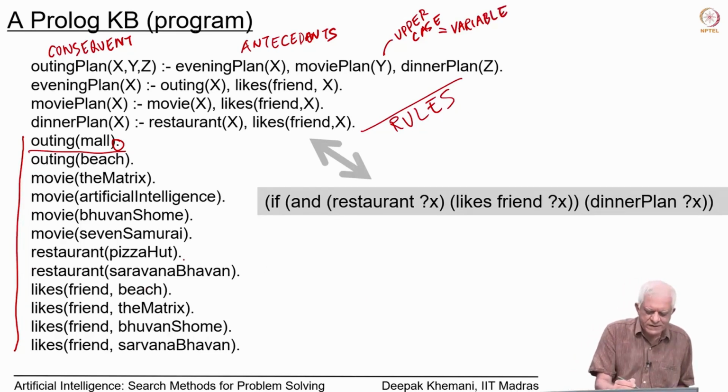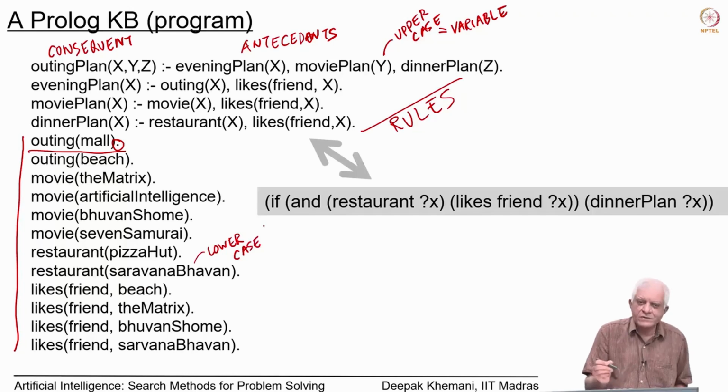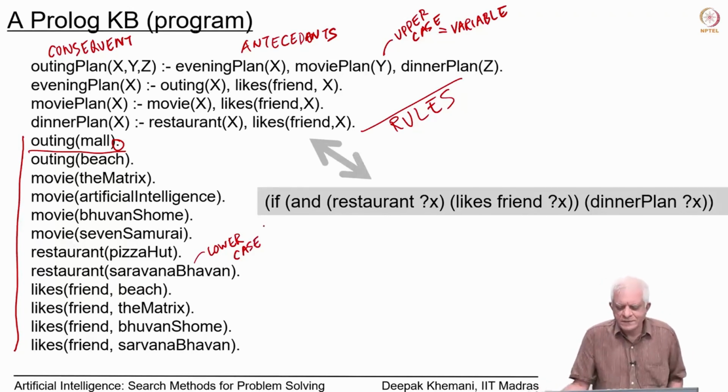So, that is why you can see that all these things are lowercase. We said that we will use a question mark to demark a variable. Prolog says no, let us use uppercase symbols for variables and lowercase ones for constants. It is just a way of distinguishing between variables and constants.